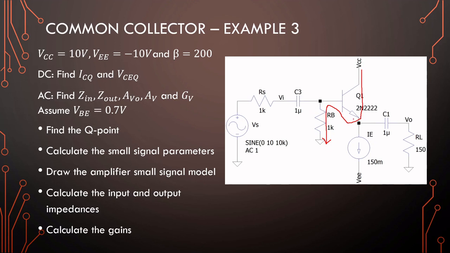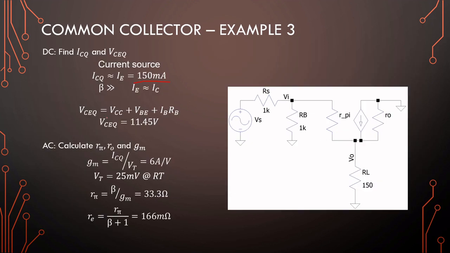So the best way to calculate our VCE point is through this loop right here. So our Q point is VCC plus VBE plus IBRB, and that becomes 11.45 volts as our VCE value.